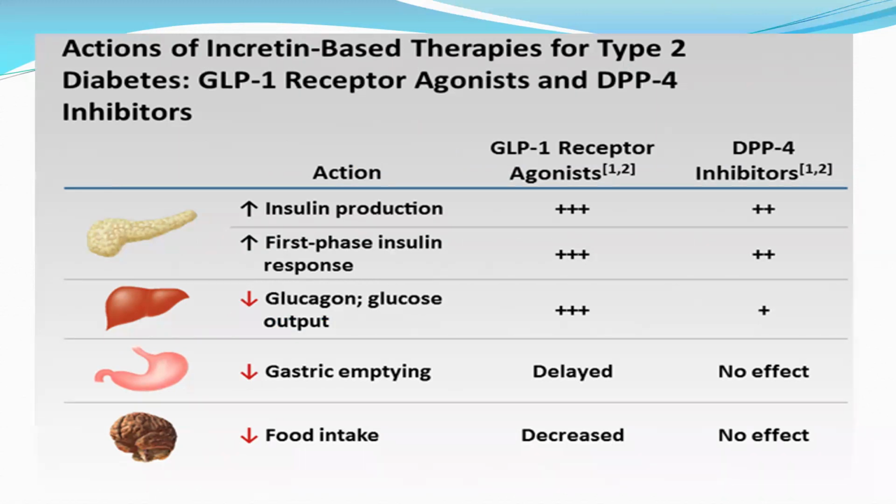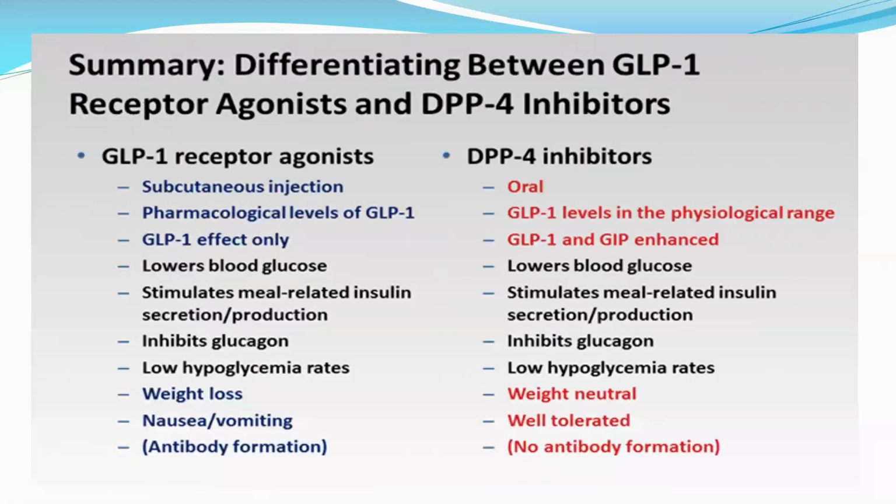It enhances insulin production, it decreases glucagon production, it decreases gastric emptying, it suppresses appetite, and all of them are quite beneficial effects to control the blood glucose. So we have here two major categories of the incretin effect medications: glucagon-like peptide receptor agonists and dipeptidyl peptidase inhibitors.